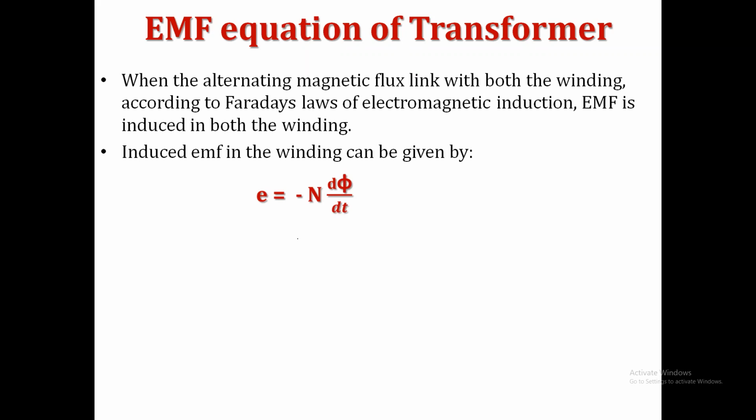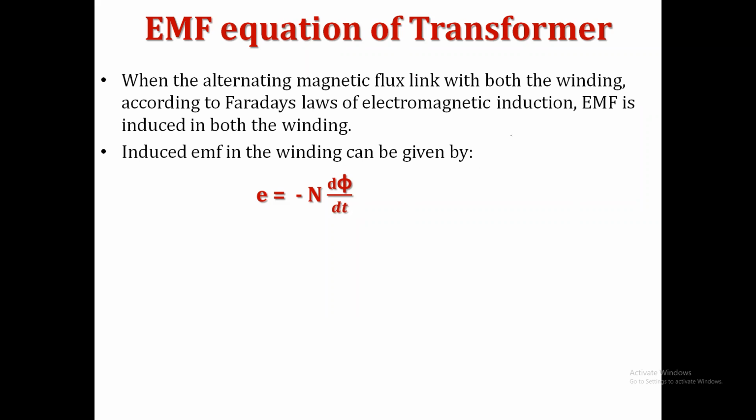What is meant by this d phi by dt? It's the rate of change of flux, and when we multiply with N, we call it the rate of change of flux linkage. Minus sign is Lenz's law, and small e is nothing but the induced EMF. So this is the equation of Faraday's laws of electromagnetic induction.